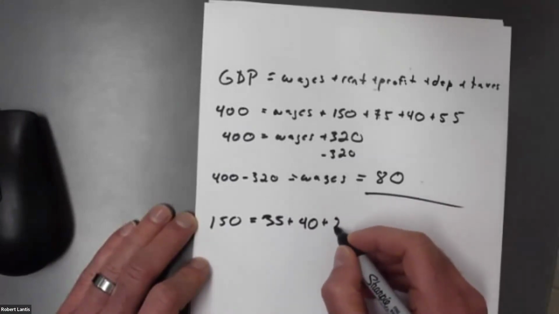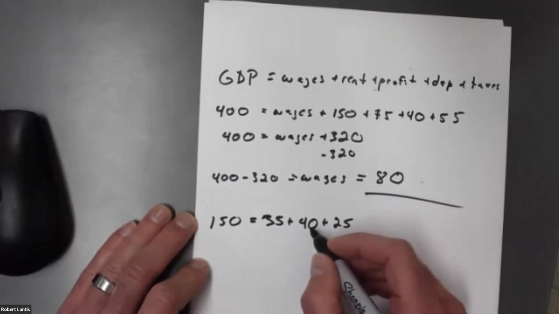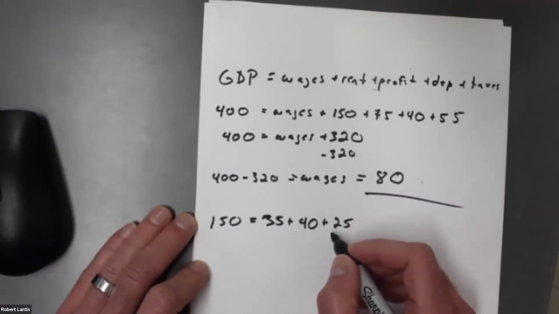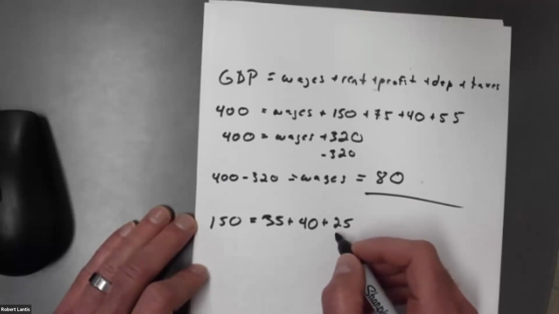Sorry, profits are 25. Sorry, interest payments to rent was 40. What did I leave out here? Yeah, profits are 25.